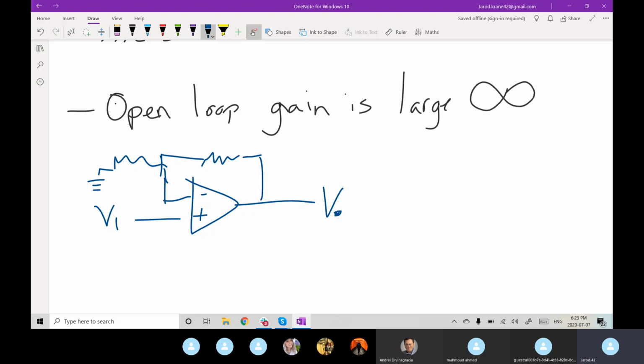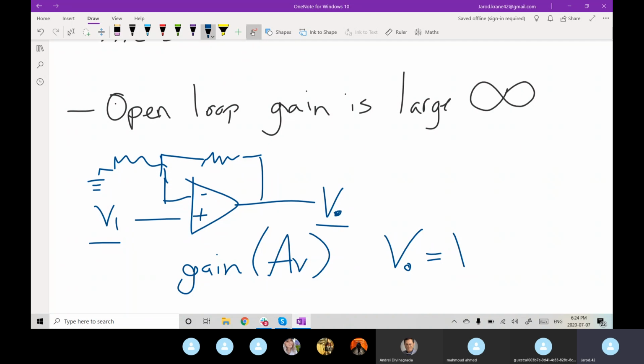The gain, which is denoted as AV, is going to be some multiplier of V in to V out. So our V out is V in times some amount of gain. And I'll explain what the gain is in the different applications.